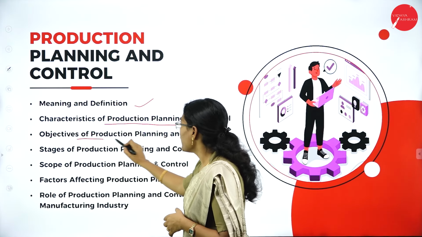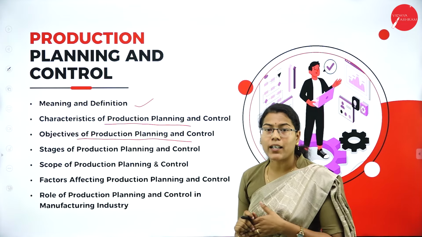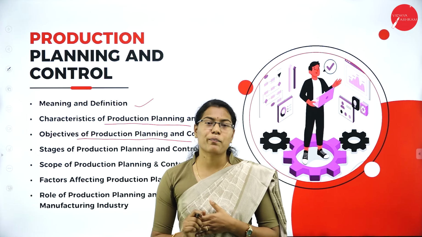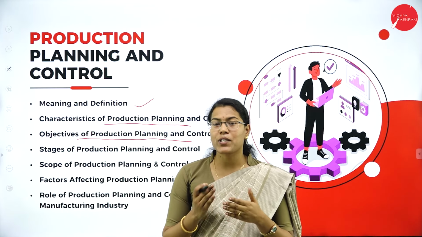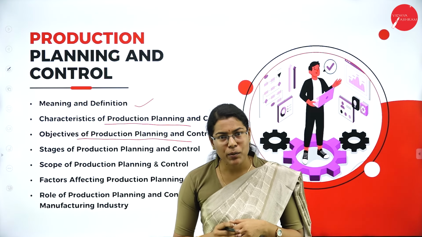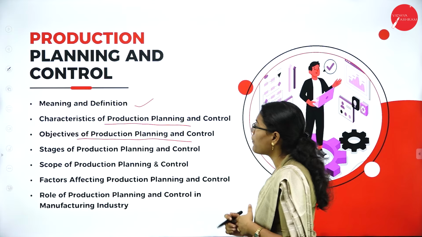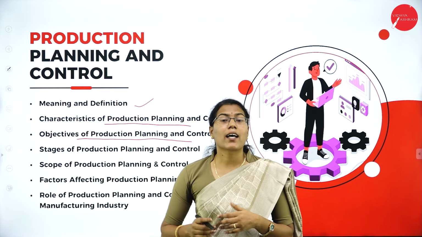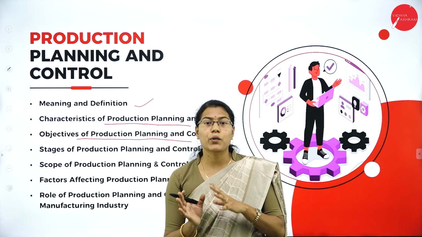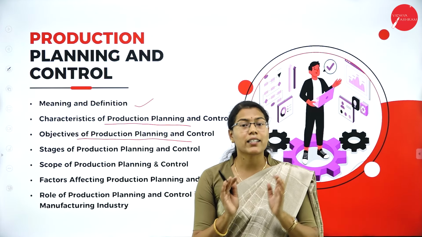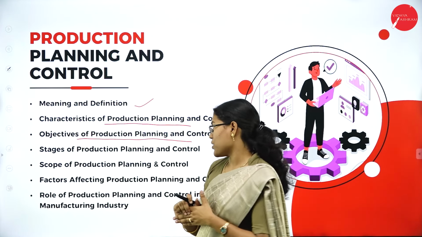Then the objectives of production planning and control. The main goal of production planning and control is to optimize the resource utilization in the production process. Stages of production planning and control. There are different stages, particularly the production process, its warehousing and distribution.